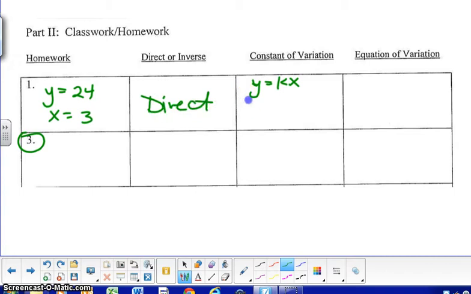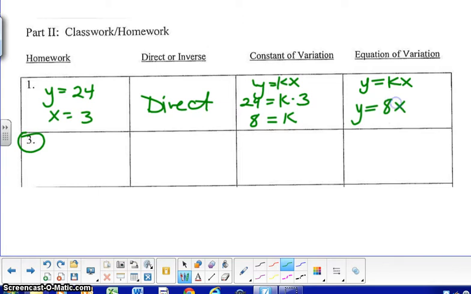When you plug in the numbers, you get 24 equals k times 3, and if you divide both sides by 3, you end up with k equaling 8, and that is the constant of variation. So if you want to make an equation of variation, you would take the original formula and plug in the 8. So this is the equation of variation. Okay, so let's go on to the next page.